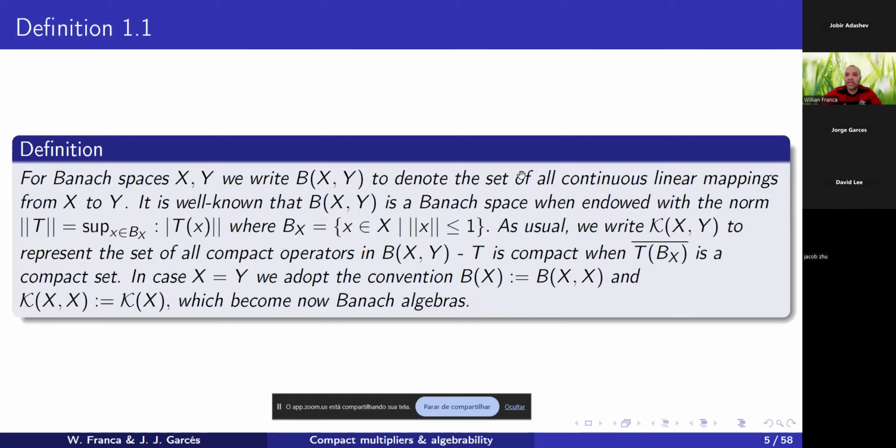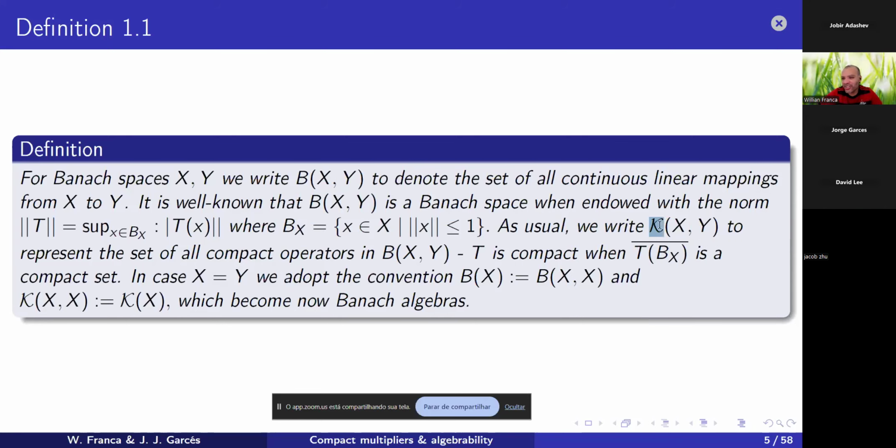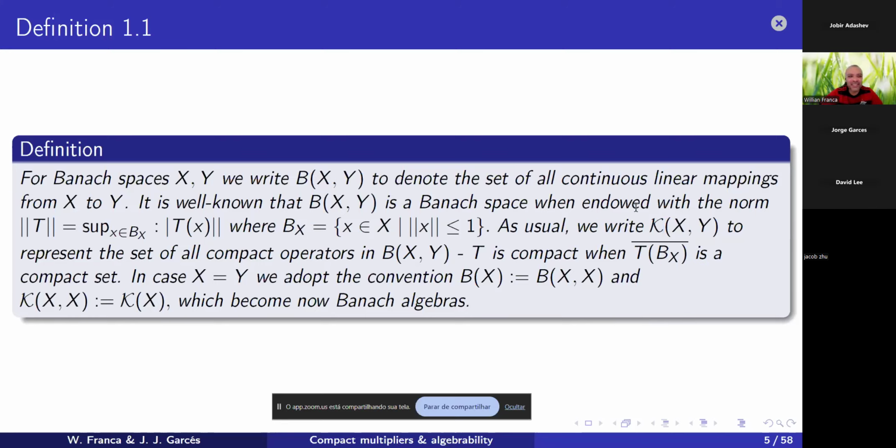And as usual, we are going to write K(X,Y). Just be careful because we are going to have another kind of K throughout the talk. So this K is kind of stylish. In this case, K(X,Y) represents the set of all compact operators. Let me just recall one thing. We say that an operator is compact when the norm closure of the image of the ball is a compact set.